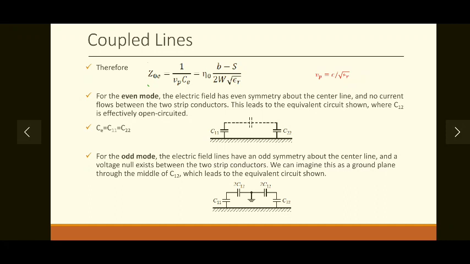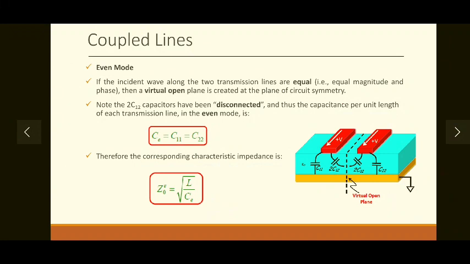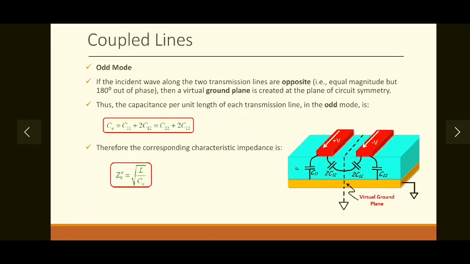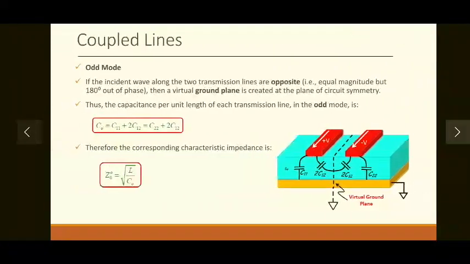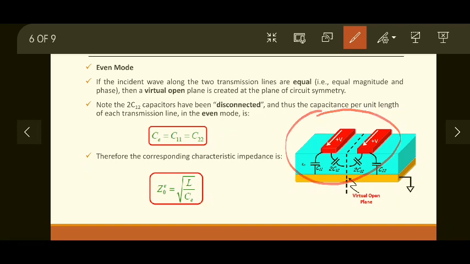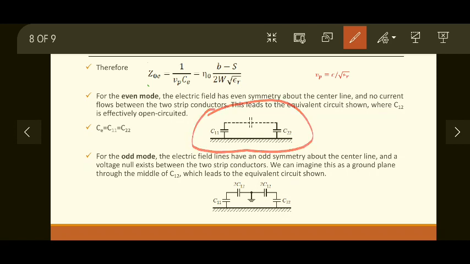So for the even mode, the electric field has even symmetry about the center line and no current flows between the two strip conductors that we have seen in the previous geometrical representation. There is an open connection, so no capacitance between the two conductors. Here you can see in the even mode there is no connection between the two, and that's why there is an open connection shown over here, and that's why equivalent capacitance is C11 or C22.